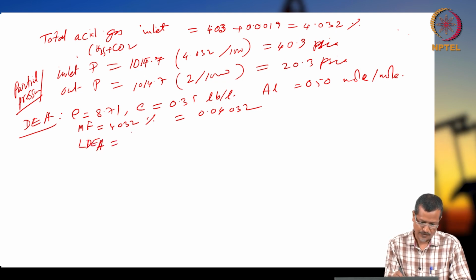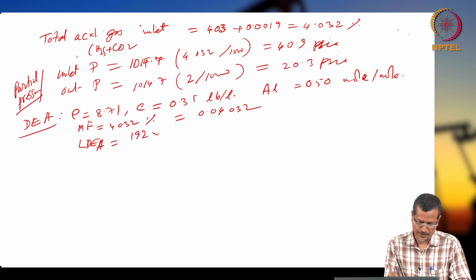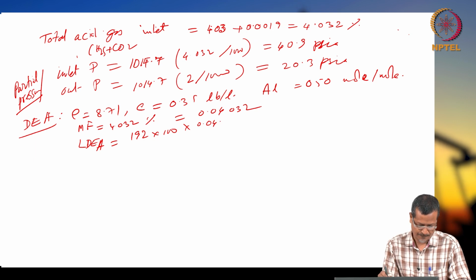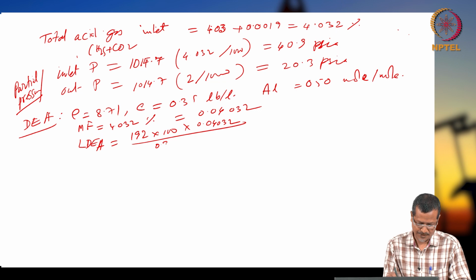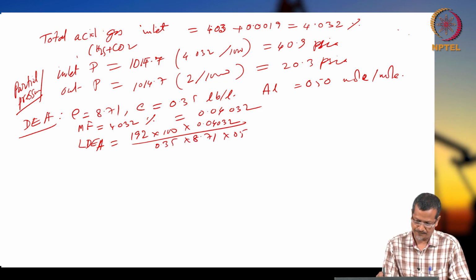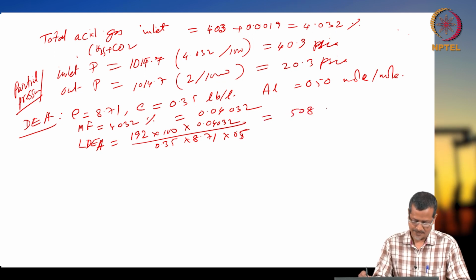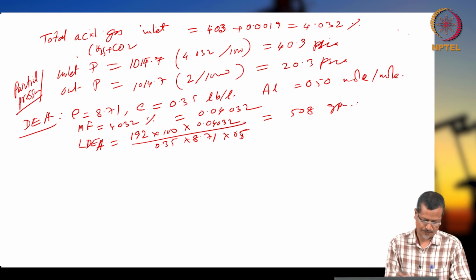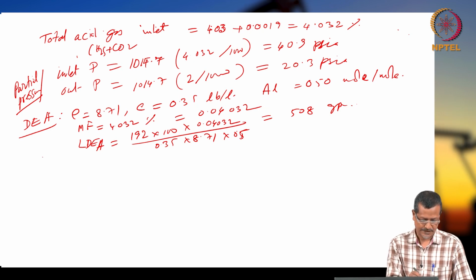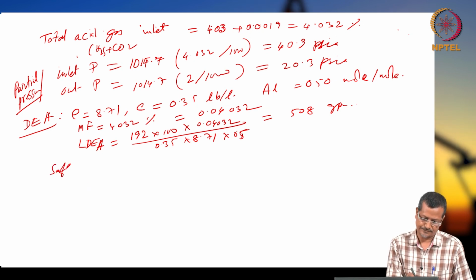LDEA equals 192 into 100 into 0.04032, divided by 0.35 into 8.71 into 0.5. Okay, so this gives 508 GPM. Now, safety margin.